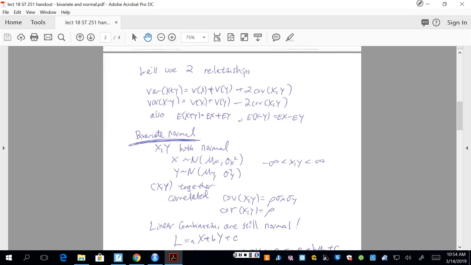So if you take two variables x and y and add them together, well, the average of that sum is just the sum of the two averages. The difference of the averages is just the difference of the averages. So what the formulas say, the variance of this sum is not just simply the sum of the variances.